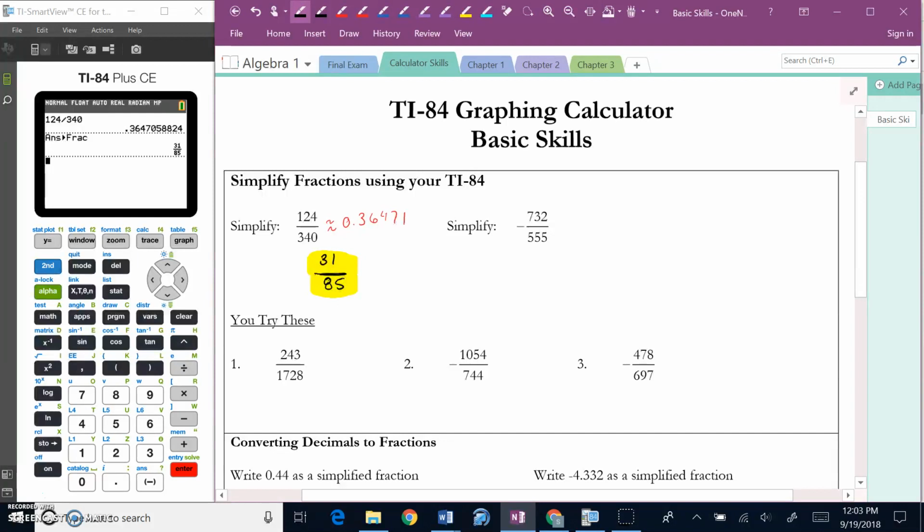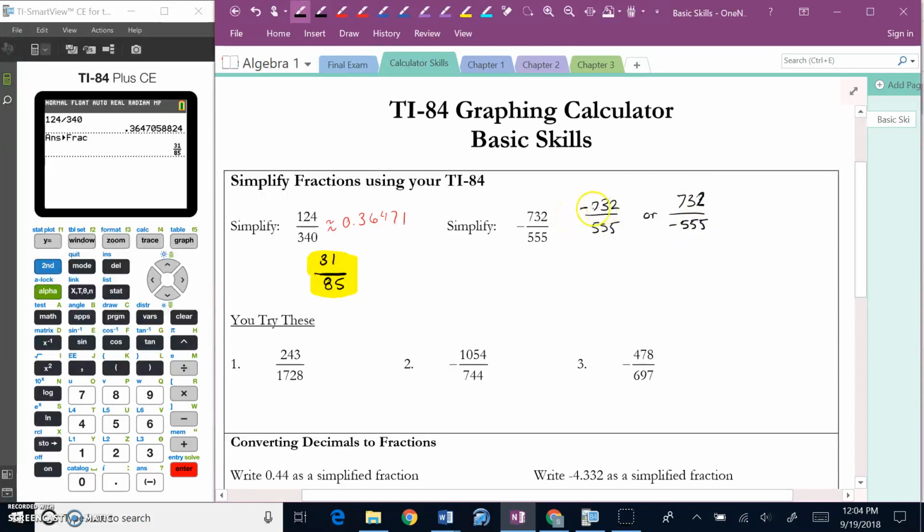Now the second one, the only difference is I have this negative. The key is when you have that negative, it's either a negative 732 over 555 or positive 732 over negative 555. It is not both. If they're both negative, it would be a positive.